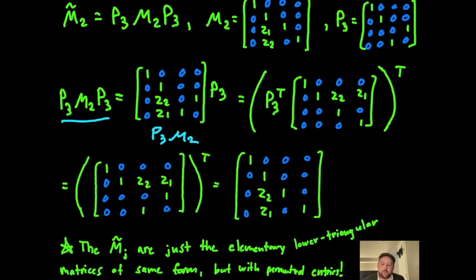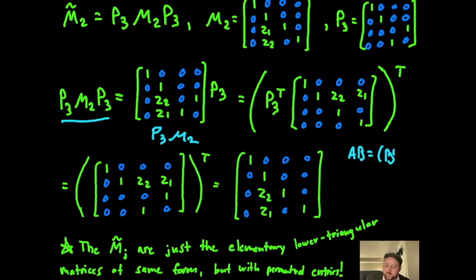Now, you could do the matrix product algorithm to compute this, but I'm lazy, so I'm going to use a trick where I write the product of the two matrices as the transpose of the product of their transposes reversed. This basically says that AB is equal to (B transpose A transpose) transpose.